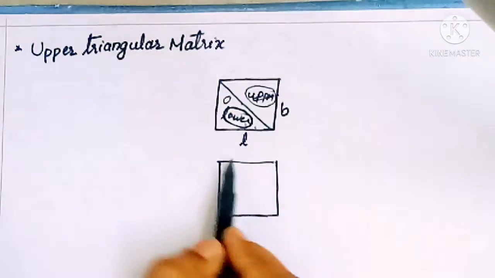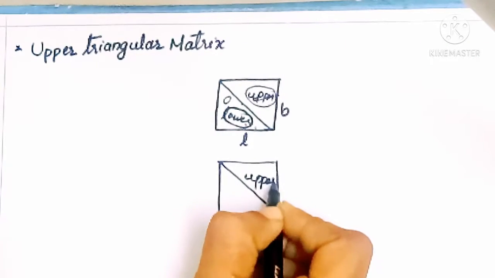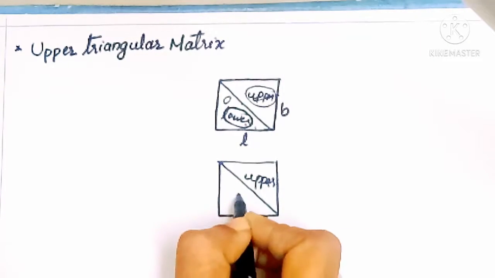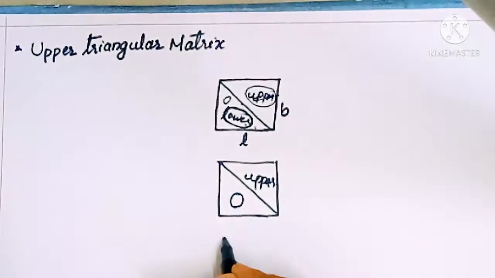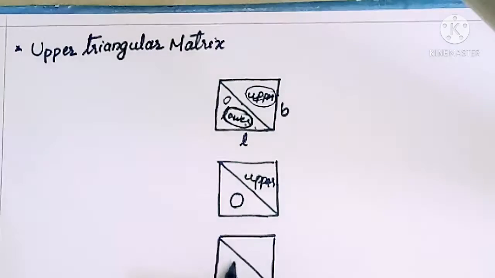This is a square. I am focusing on the upper only, so here we have some values and here becomes 0. If I am focusing on the lower, in the lower portion we have values, and in the upper portion we have 0.